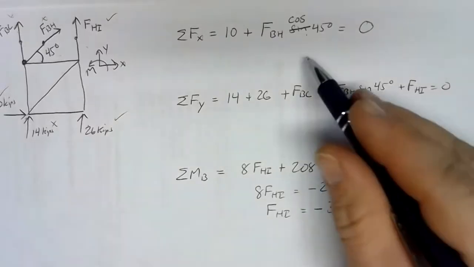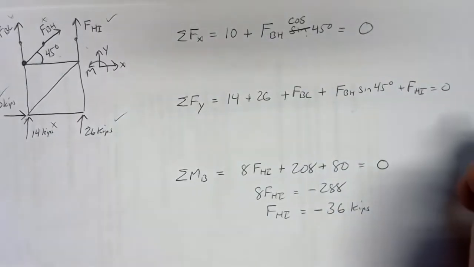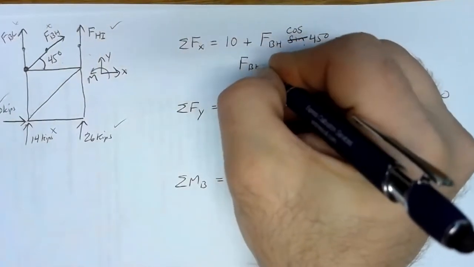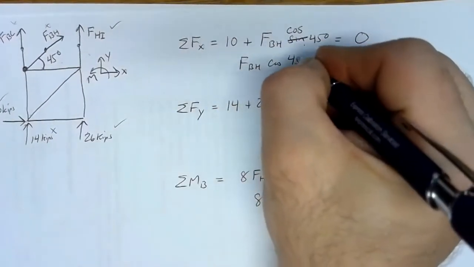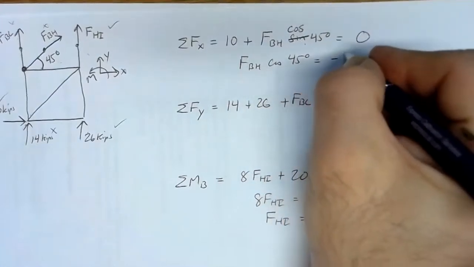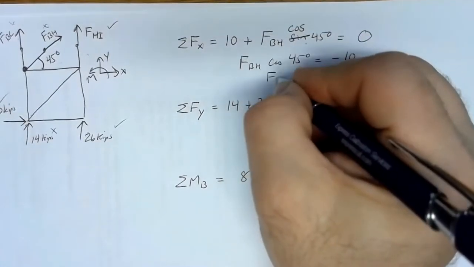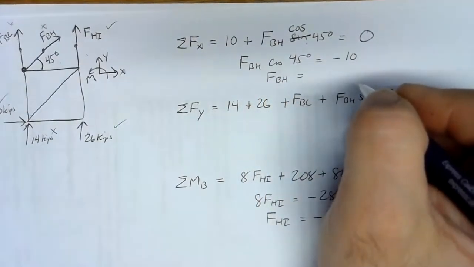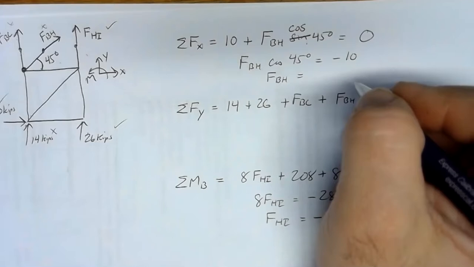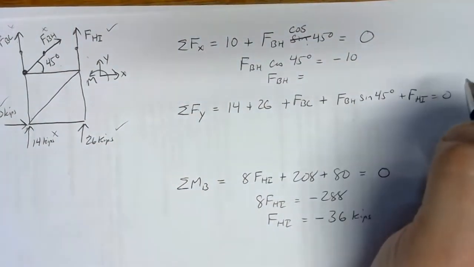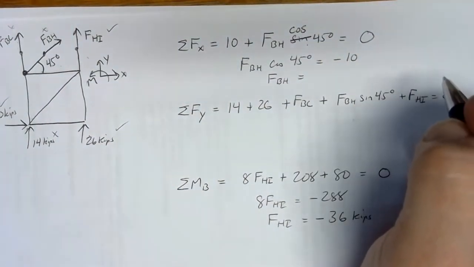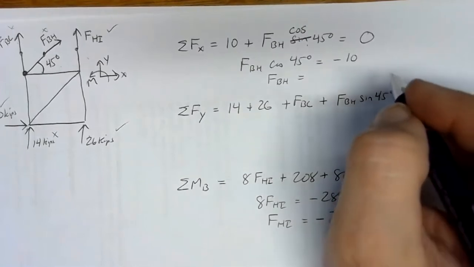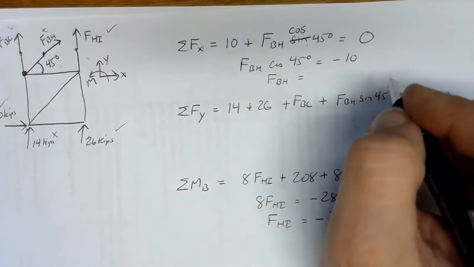We still can't do anything with Y. We're missing too many pieces. So let's go to the X direction equation. If we subtract 10 from both sides, we'll have FBH cosine 45 degrees equals negative 10. Divide both sides by the cosine of 45. And we should get 14.1421.